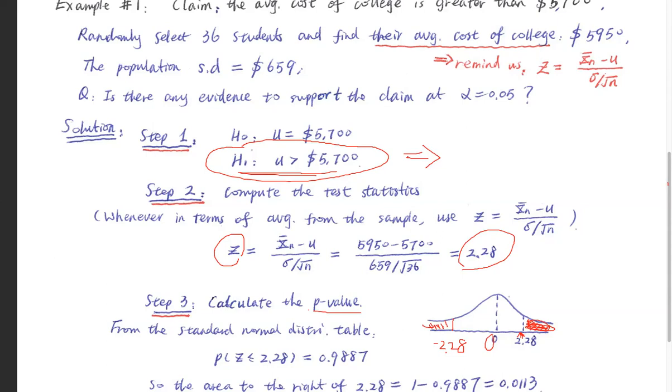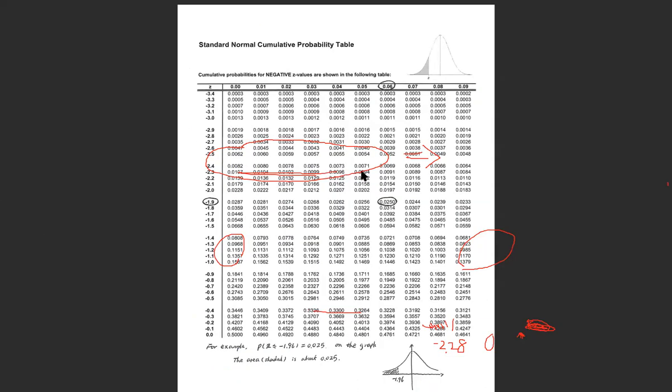Let's see, where is my Z table? That's this one here. So negative 2.28. Let me erase that, otherwise it's too confusing. Negative 2.2, remember?